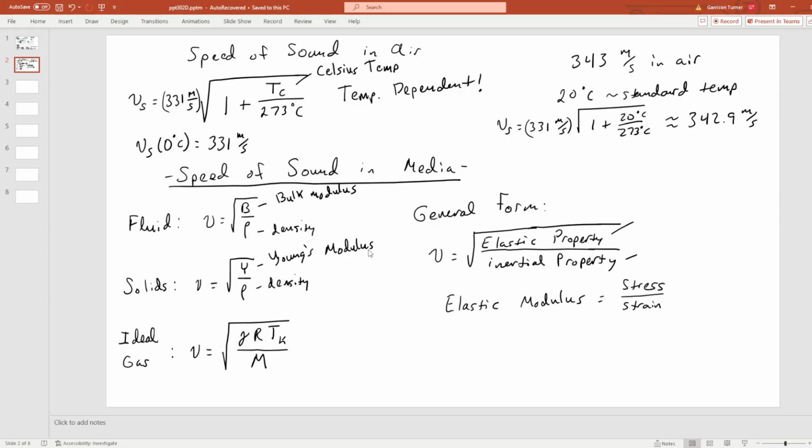And then for ideal gases, this formula is a little bit funky because we haven't covered some of the things in here, but gamma is what's called the adiabatic gas constant. And for ideal gases, this is usually 5/3.